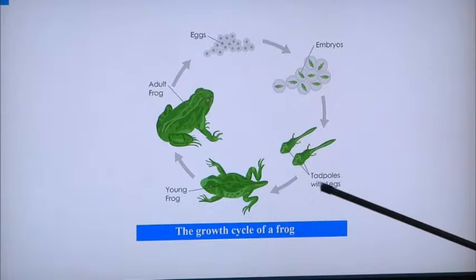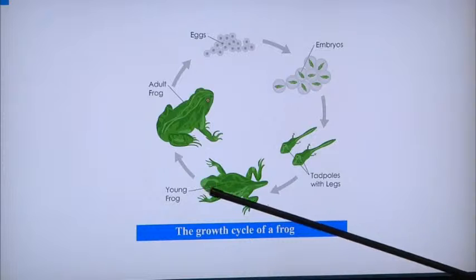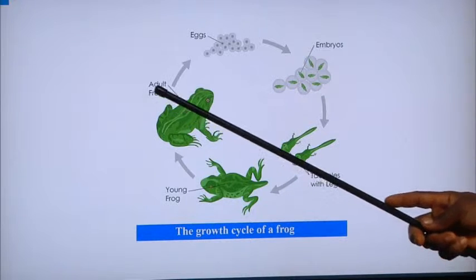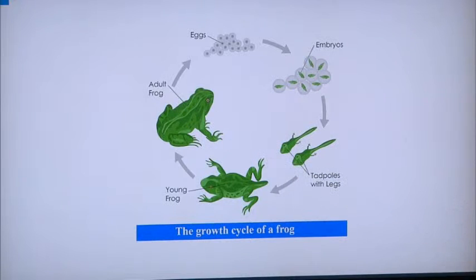And these tadpoles will what? Feed on substances in the water and become what? A young frog. So as they eat, they grow and they will become what? An adult frog. This adult frog will also lay eggs like that. So this is what? A cycle. So we have the growth cycle of a frog.